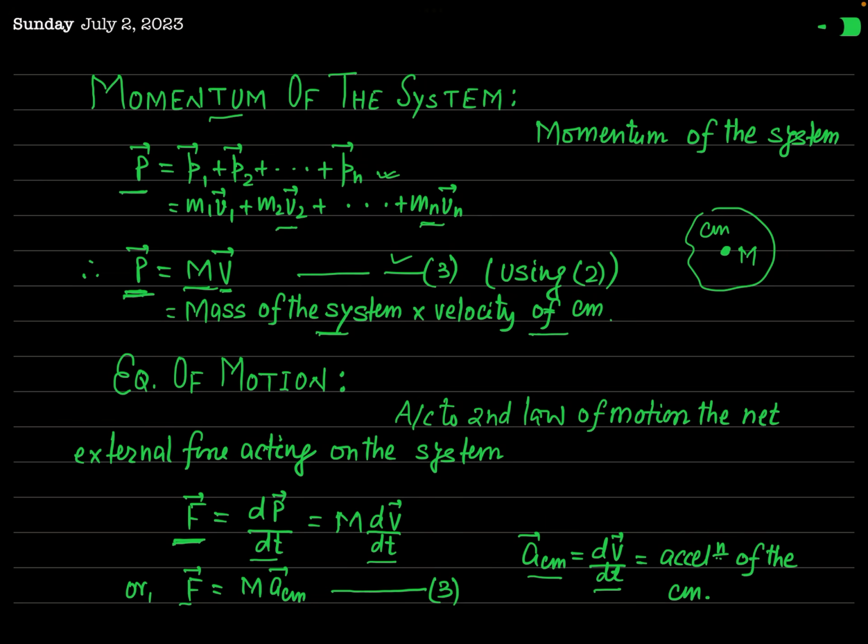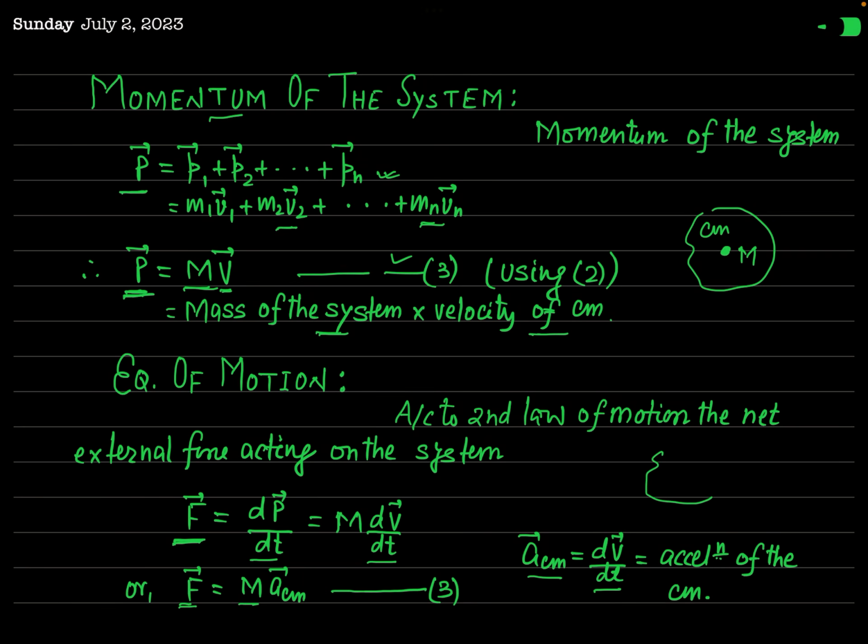If your aim is to write down the equation of motion of a system of particles, where the system consists of more than one particle, you have to think about the center of mass, not about the individual particles. Simply multiply the mass of the system with the acceleration of center of mass, then you will get the total external force acting on your system.